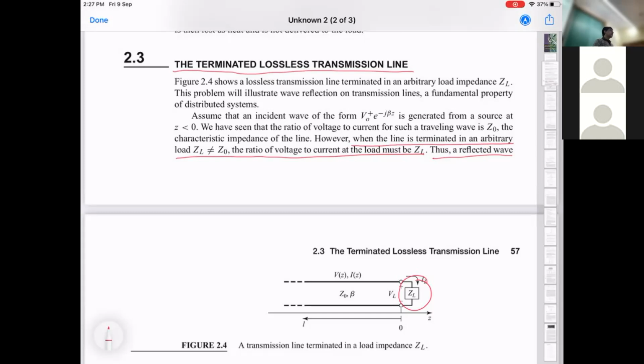So the picture shown here is that you have this load, which is some ZL. It's a complex impedance in general, with a real and an imaginary part. Maybe we could write this as R plus j.